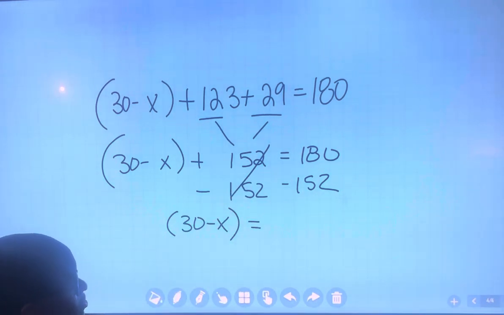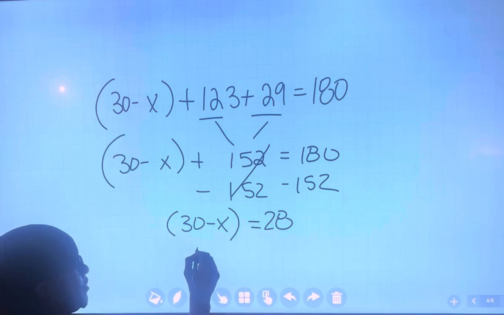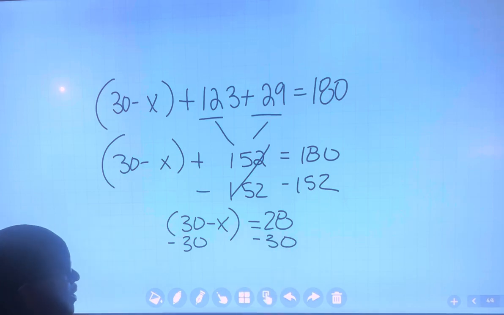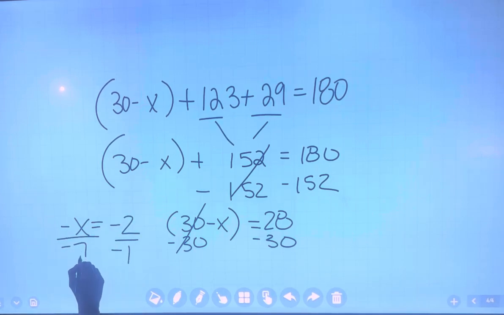And then 180 minus 152 was that 28? Okay, so then you want to subtract 30 from both sides. Hold on, don't get confused when you see this. The 30s cancel. It's going to make negative x equals negative 2. And we'll divide by the negative 1 on both sides. X is equal to 2. So you know x is equal to 2.